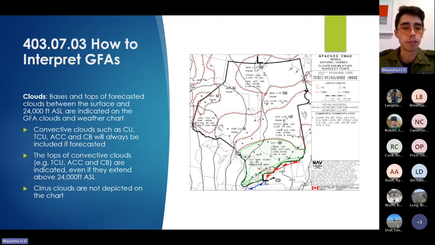So cumulus, towering cumulus, altocumulus castellanus, and cumulonimbus. And the tops of the convective clouds are indicated even if they extend above 24,000 feet. Cirrus clouds are not depicted on these charts.